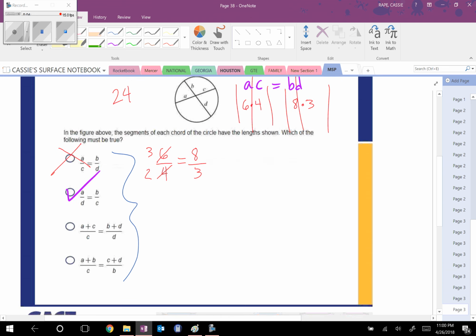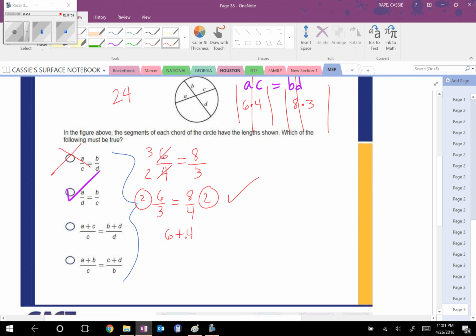Again, A over D, so 6 over 3 equals B over C, so that would be 8 over 4. Is it true that 6 over 3, which is 2, is the same as 8 over 4? That's also 2. Yes, it's true. And let's just double check the last two. So A, 6, plus C, which is 4, over C, which is also 4.